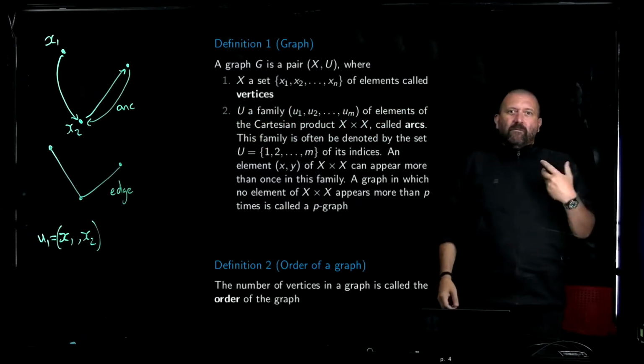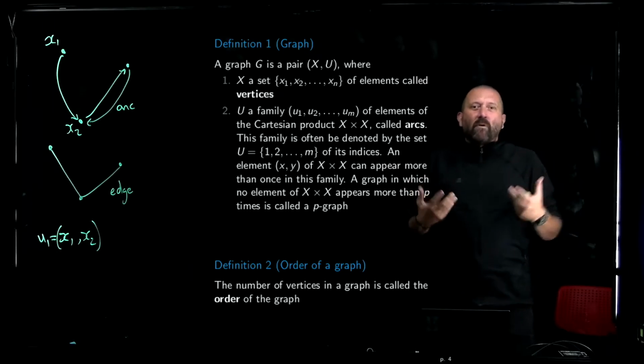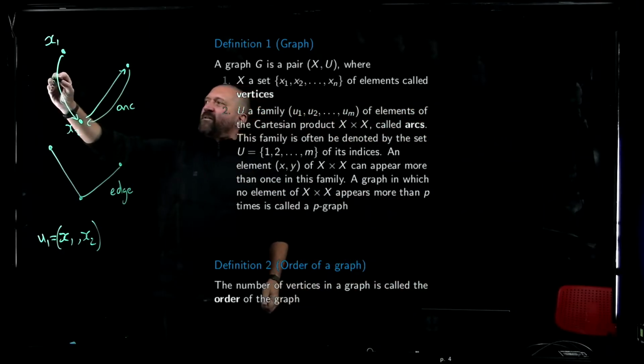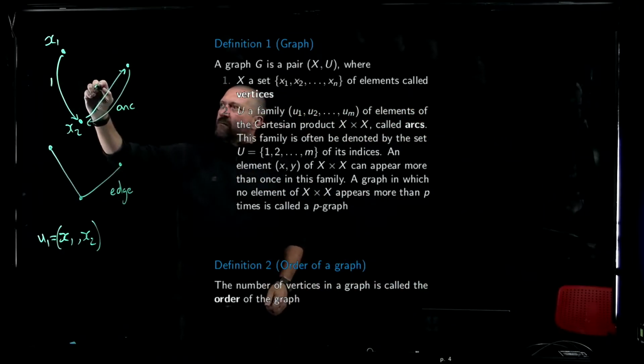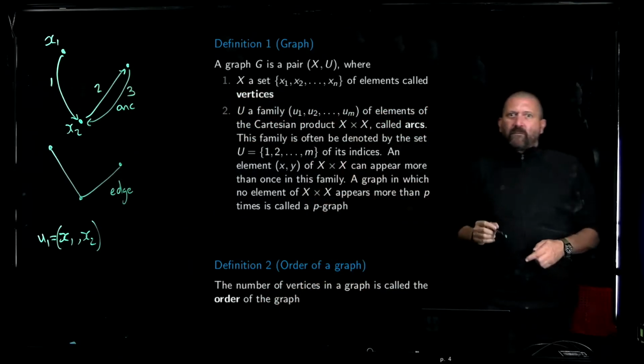Okay? So often we'll number these arcs. So I could, for instance, call this guy 1, this guy 2, and this guy 3. Okay, and this is what this statement here is saying.